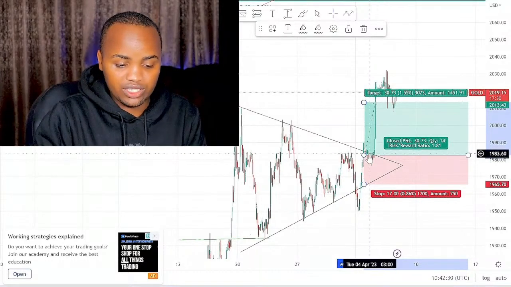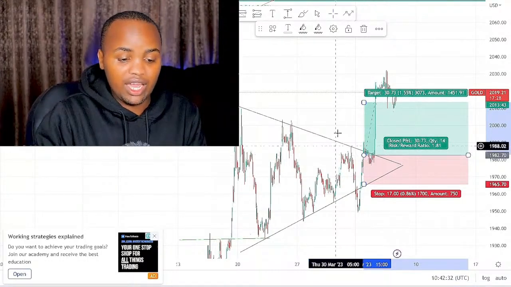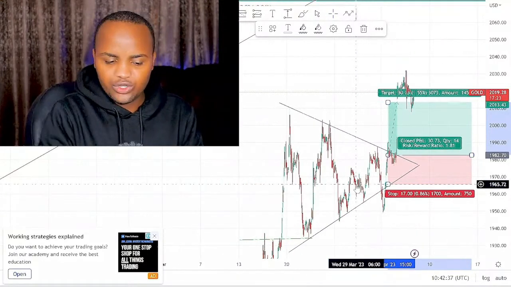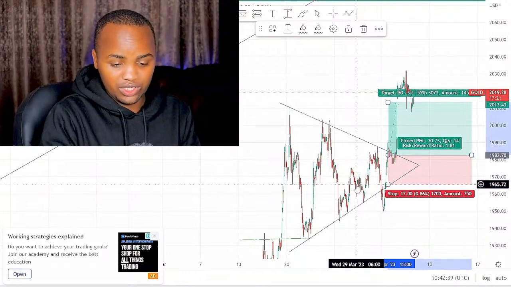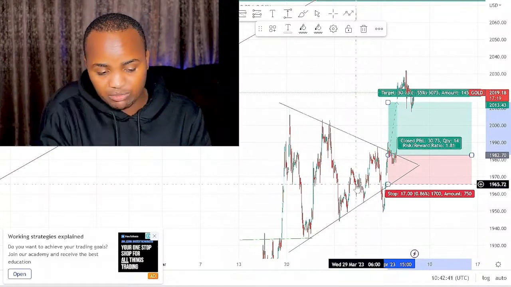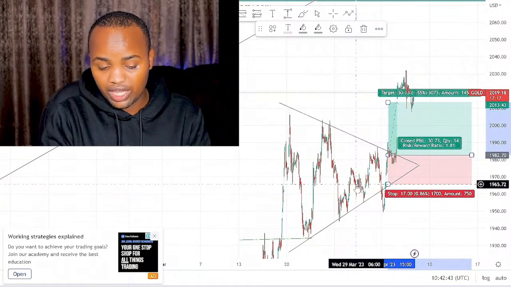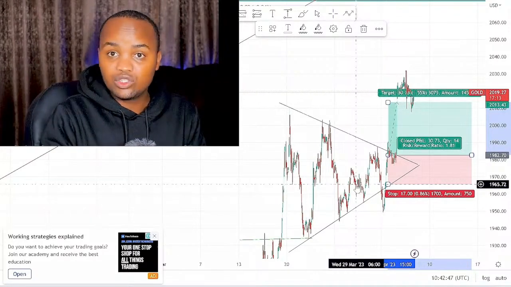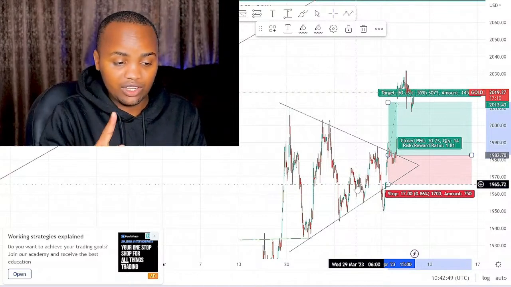So the center is the entry, and then we have TP and SL. But as you can see, I've drawn it in such a way that the upper one is bigger than the smaller one. So we're going to be checking all those calculations.